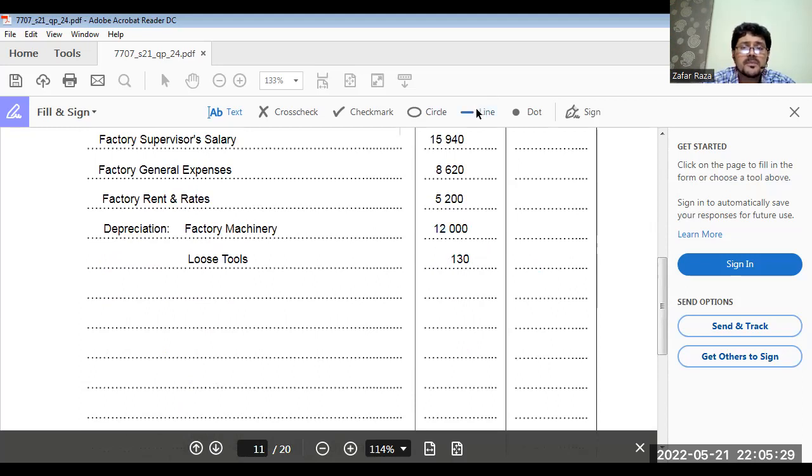What we have to do? We have to take the total production overhead.